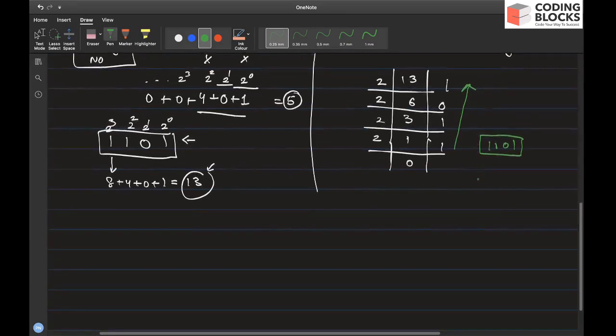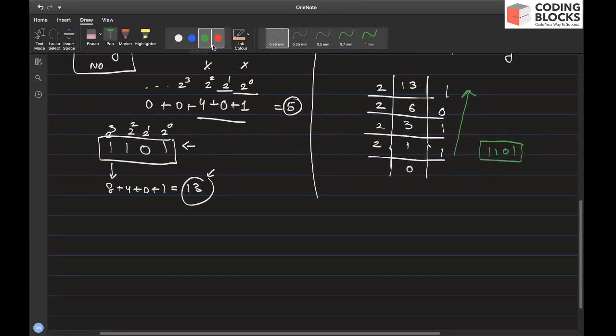Another way to write it is to look at how you can make 13 by using powers of 2. What is the largest power of 2 that you can use to make 13? Powers of 2 are 1, 2, 4, 8, 16, 32 and so on. Clearly, I can use 8. If I use 8, I'm left with 5.